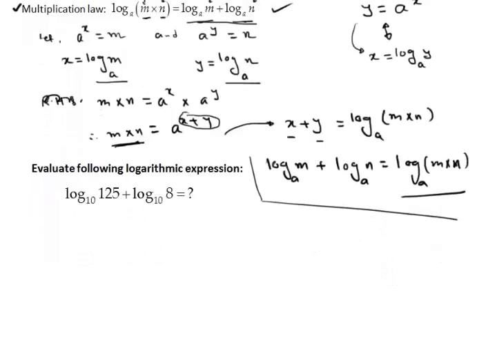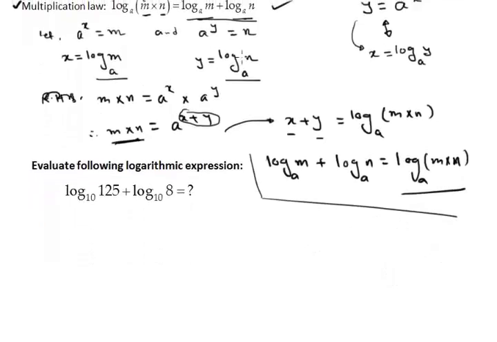Let us do this example on how to use the multiplication law. Here, log base 10 of 125 plus log base 10 of 8 equals what? We must remember that when using the multiplication law, two added log functions can be put together into one log function by taking m and n as a multiplication, and that can be done only when the bases are the same.